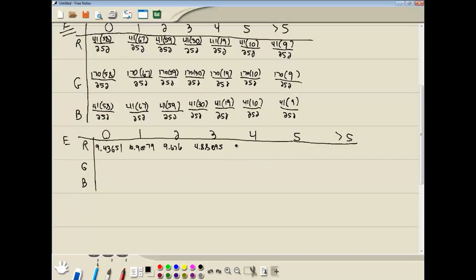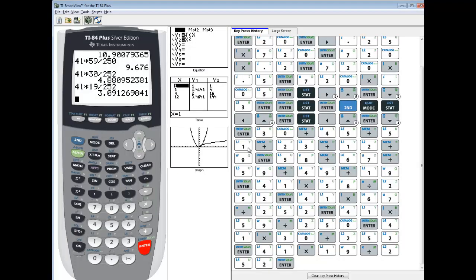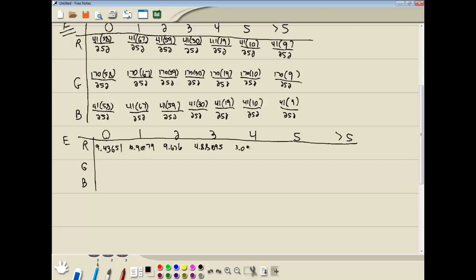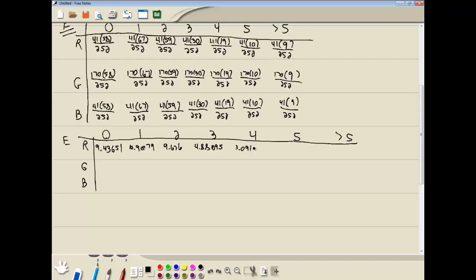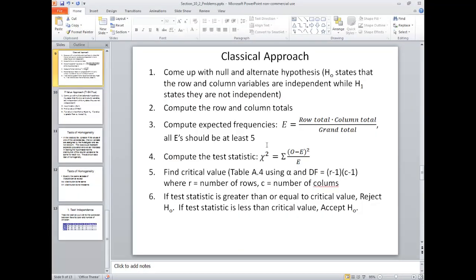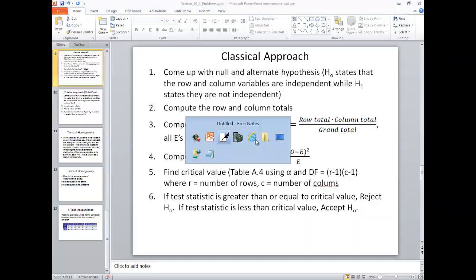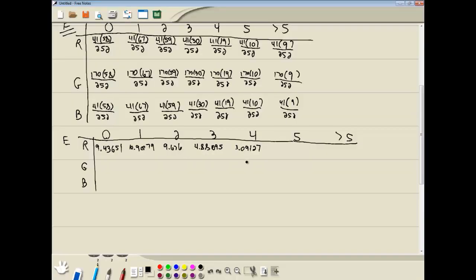3. Now you see some things that are violated already, but again, we'll go with this. It's 127. Because remember what we said in our PowerPoint. All E should be at least 5. Well, obviously these aren't all 5s. Which means the test is not valid.